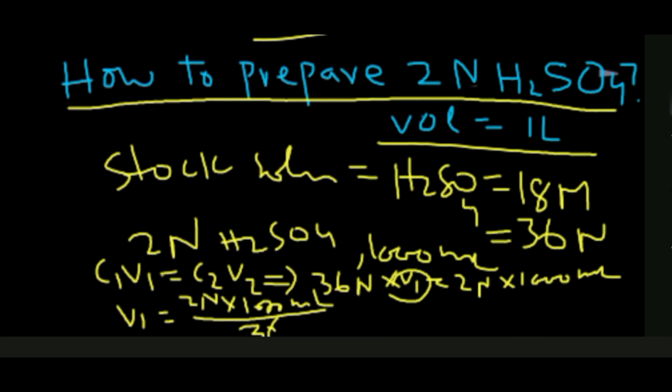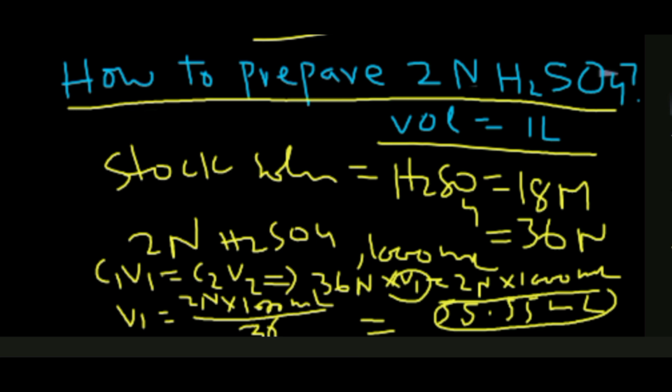So that will be equal to 55.55 ml. So we should take out 55.5 ml of the concentrated 36 normal solution, and we will put it into the water and make the final volume up to 1 liter.